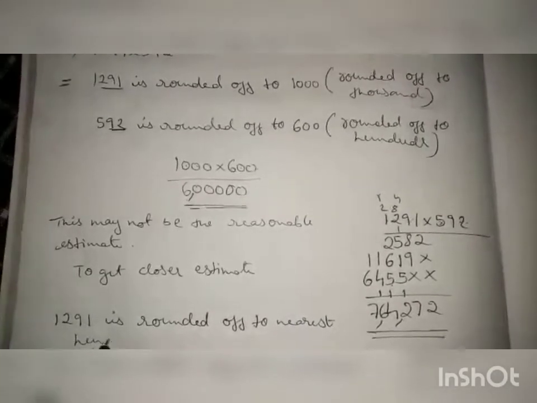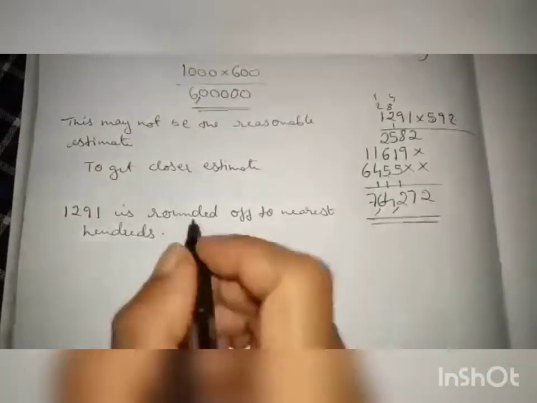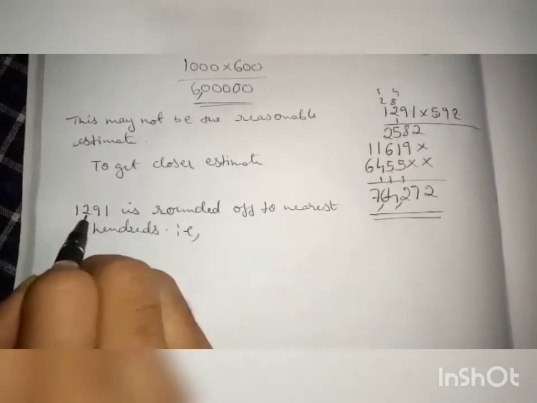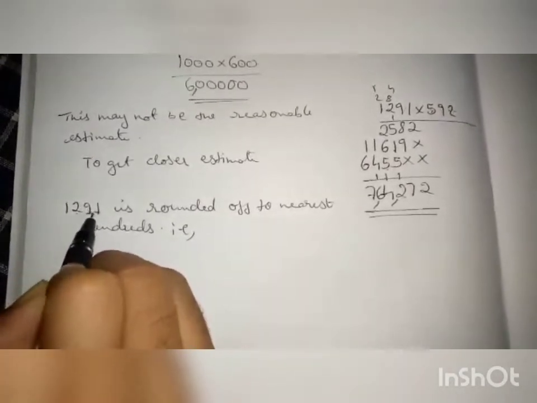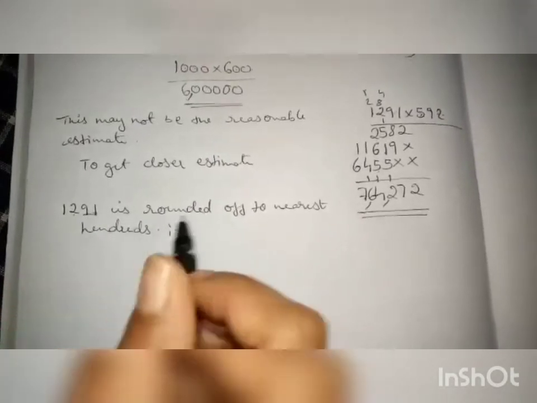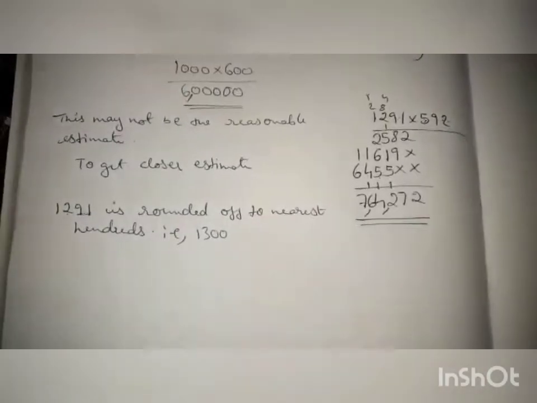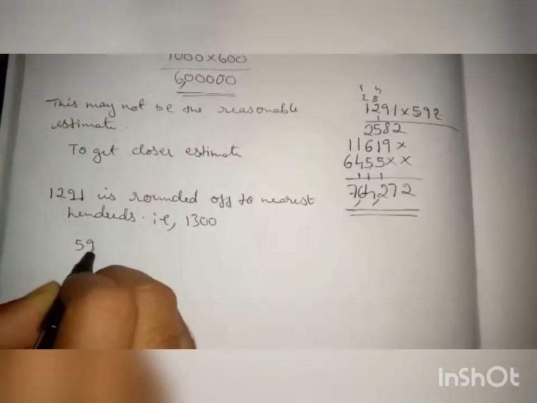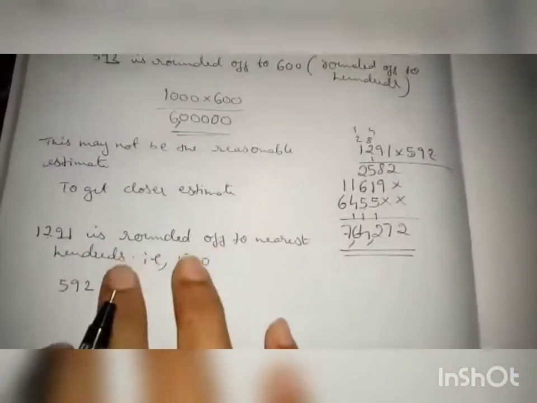When you're rounding off to 100, you have to see the tens place. It is greater than 50, so it becomes 1300. Next, 592. We will round it off to 100 itself. We won't change this one.